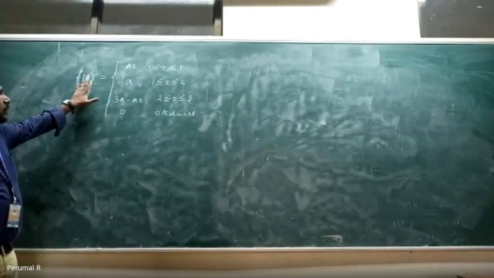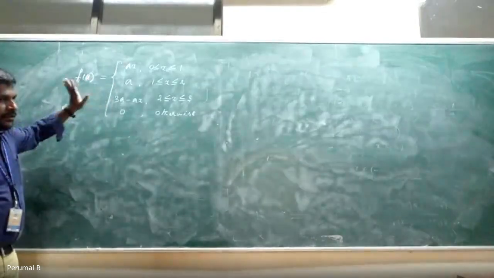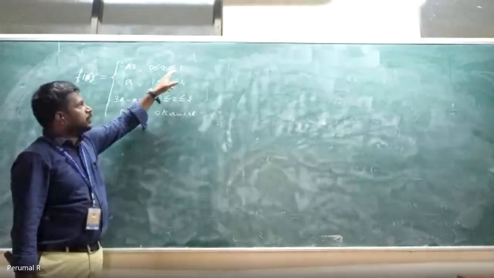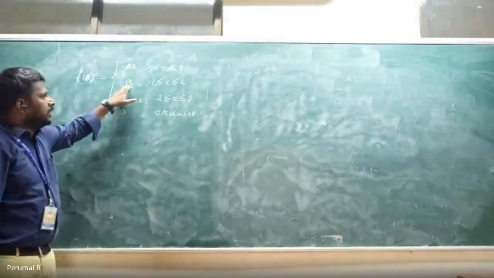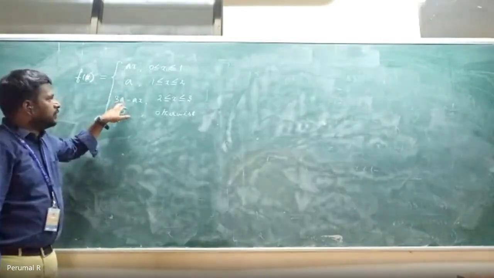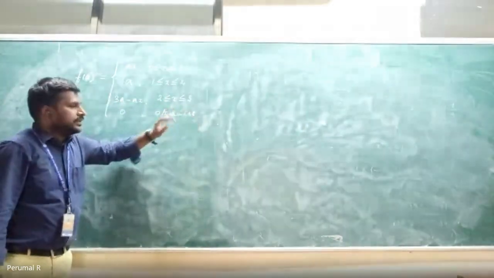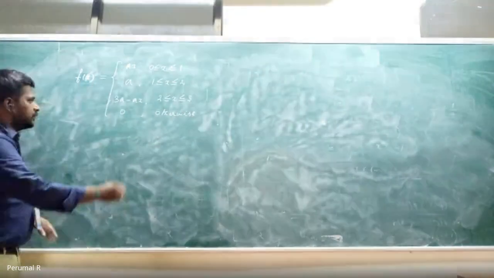So the probability density function of a continuous random variable is given in the problem as f(x) equal to ax in the interval 0 to 1, a in the interval 1 to 2, 3a minus x in the interval 2 to 3, and otherwise 0, meaning for x greater than 3 the function value is 0.